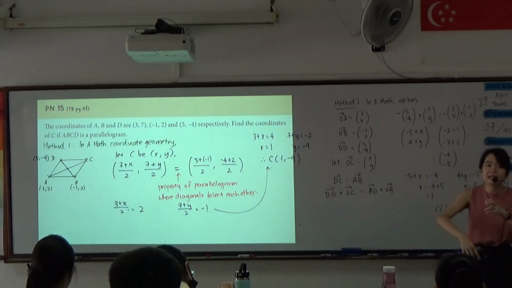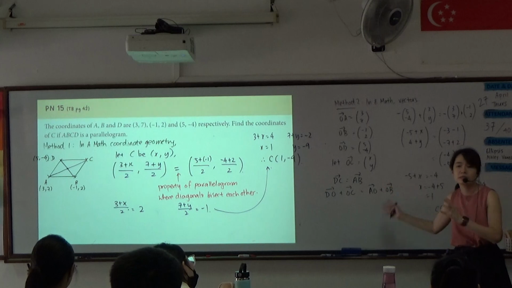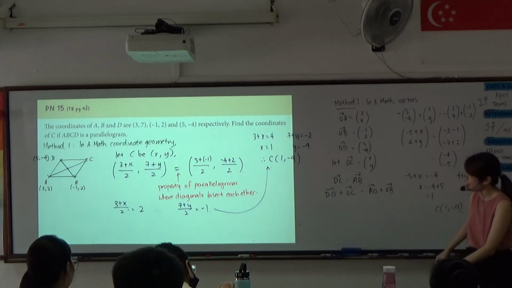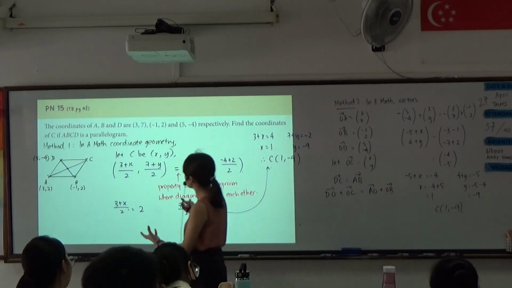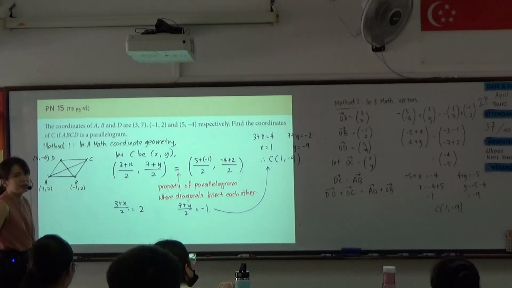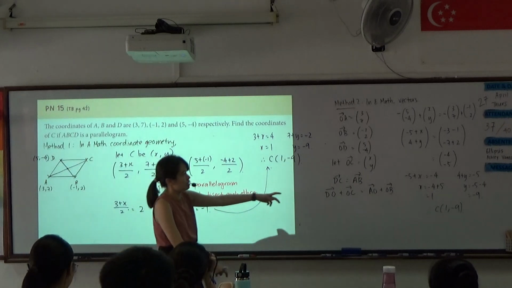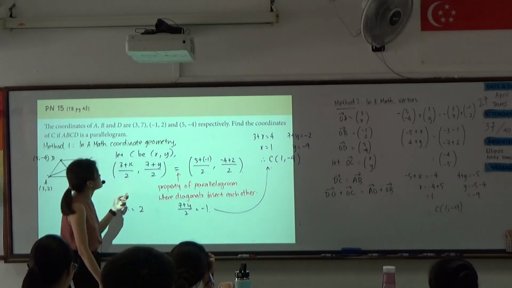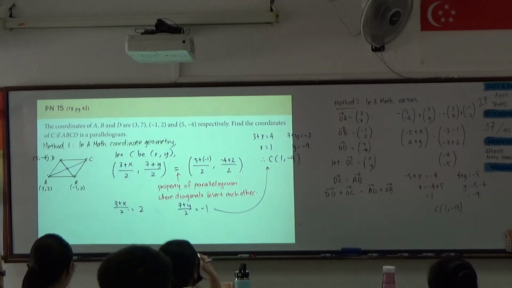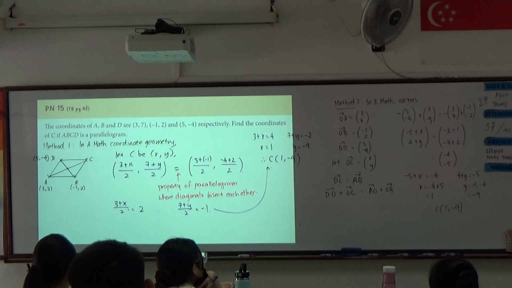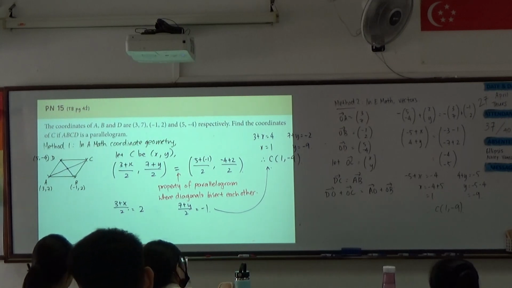If they leave it open, then of course you can use either one. They may actually specify using vectors, then you have to do this. They wouldn't specify coordinate geometry as a method, because it's a bit strange to say use coordinate geometry.